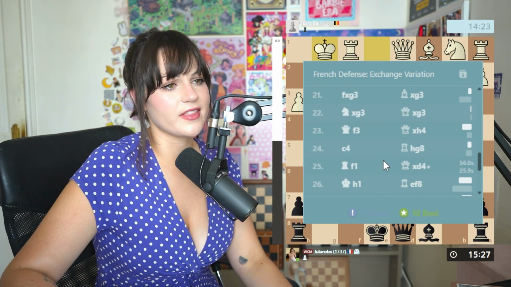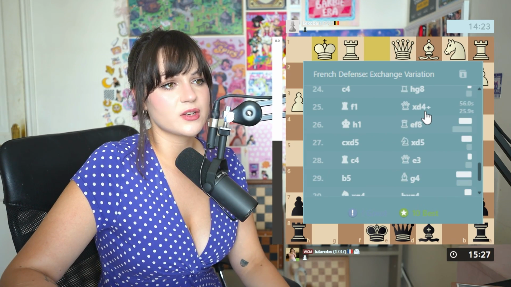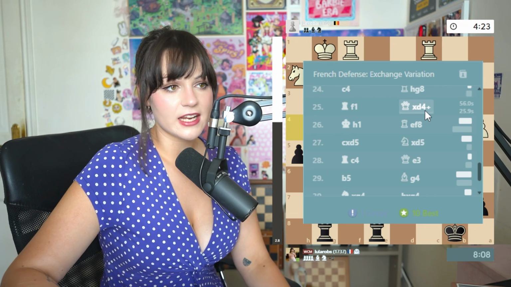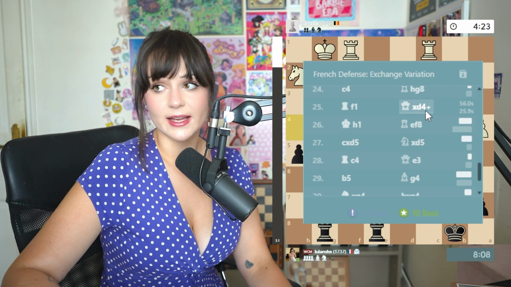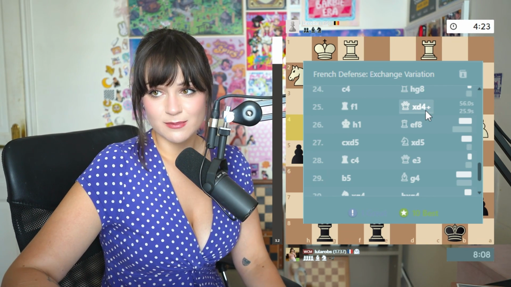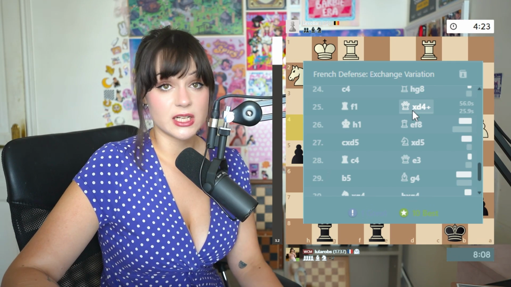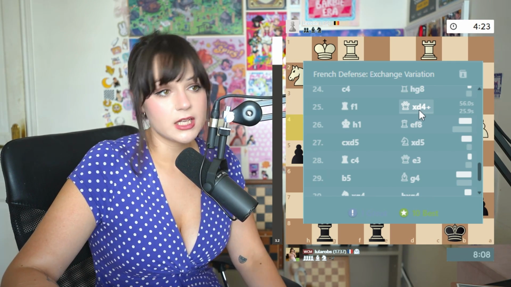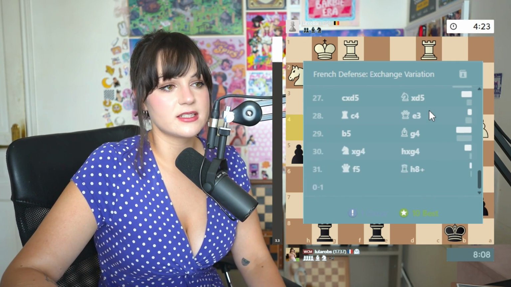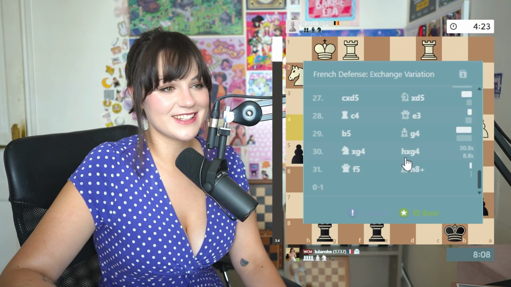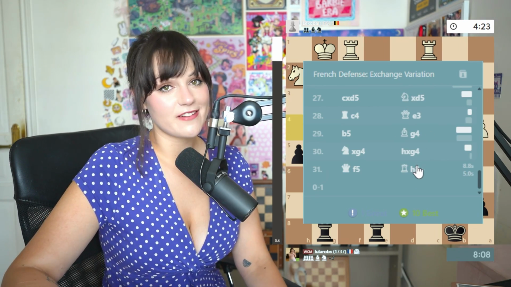A couple of other changes are that when you play a check, you add a plus sign onto that check. So it doesn't matter if it's a capture, you still notate the capture, but the check will always be added at the end. For a checkmate, which sadly we don't have in this game, you would have a hashtag.